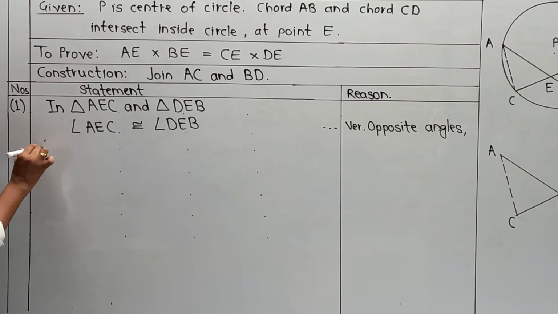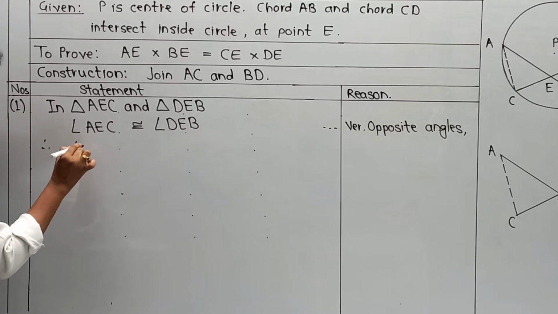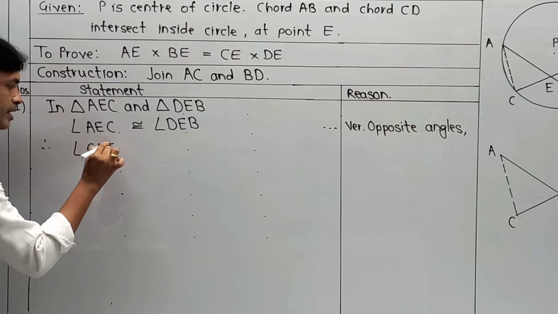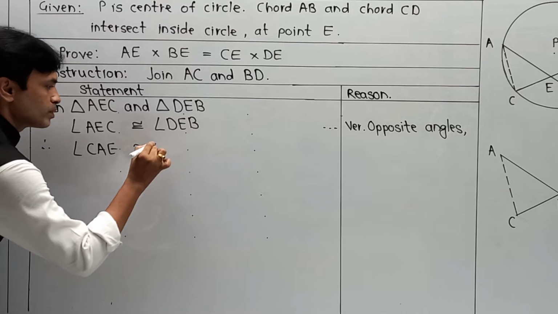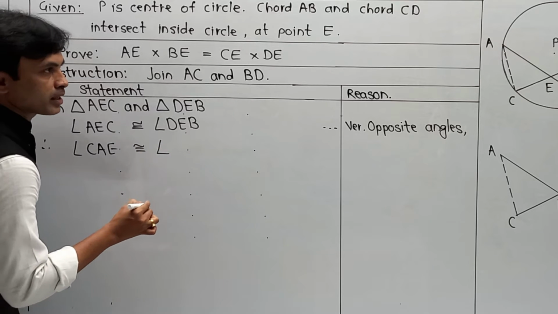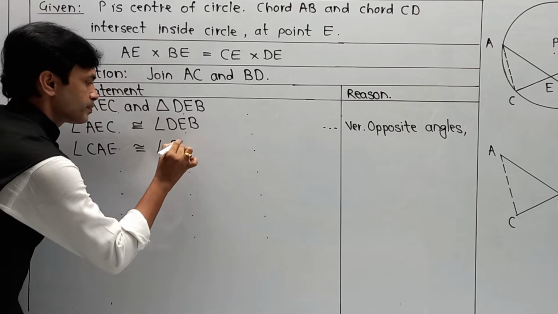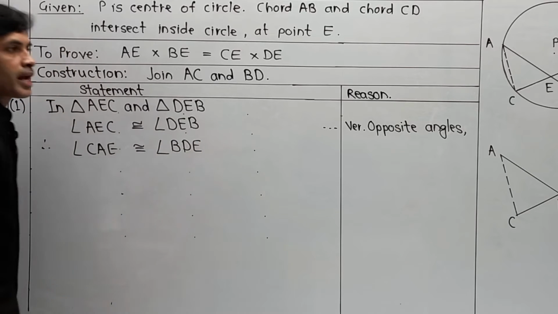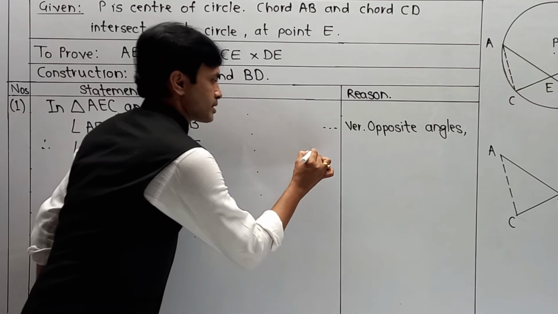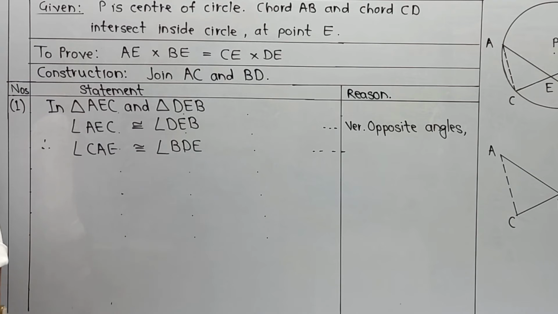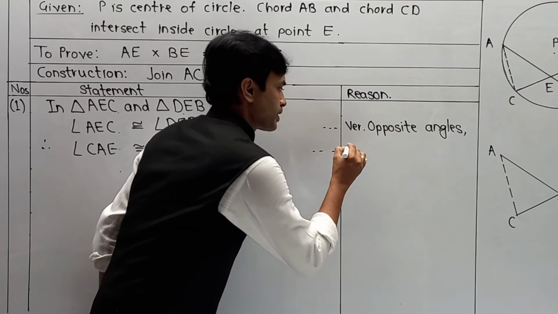Therefore, angle CAE is congruent to angle BDE, and the reason is angles inscribed in the same arc.